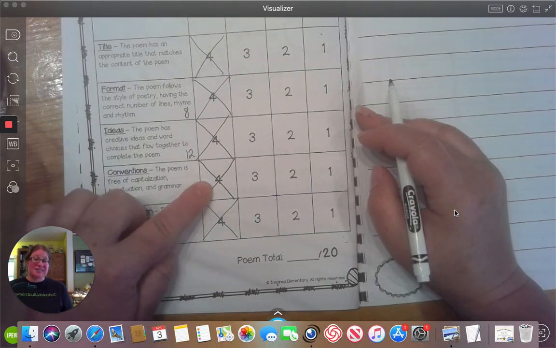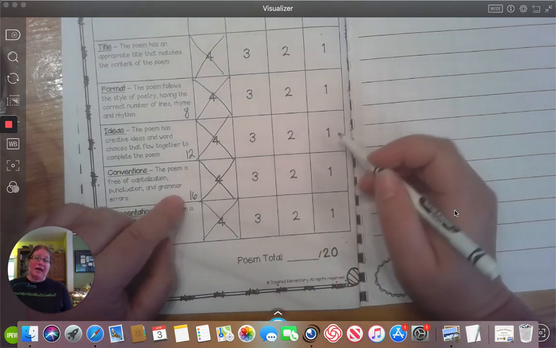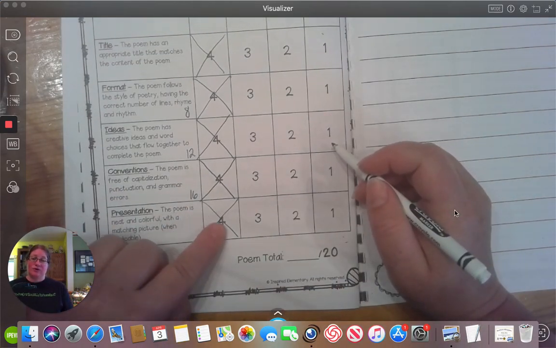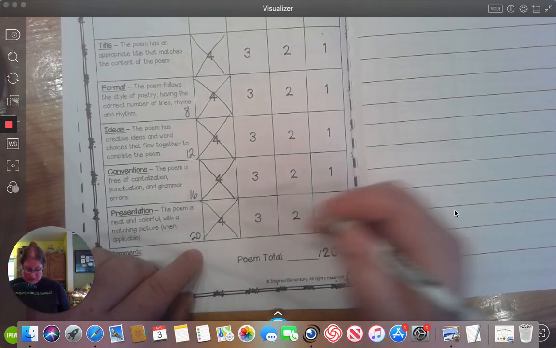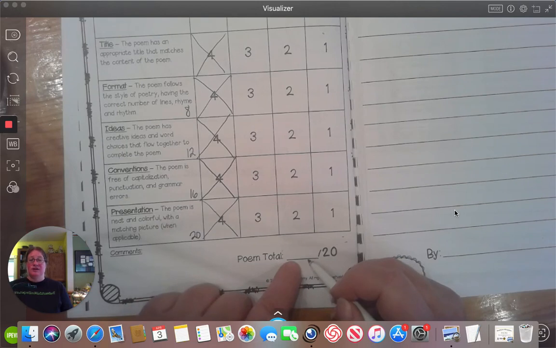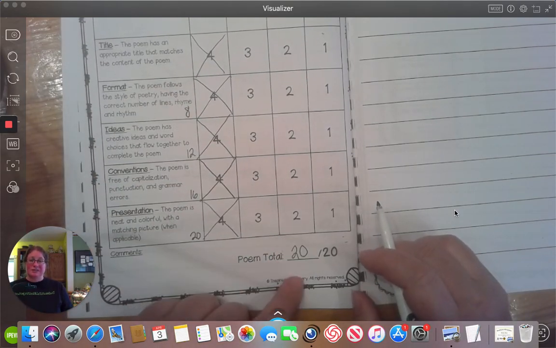Did you say 16? That's correct. And 16 plus 4. Whatever number you get for your total, you're going to put right here. If you have all fours, your answer is going to be 20.